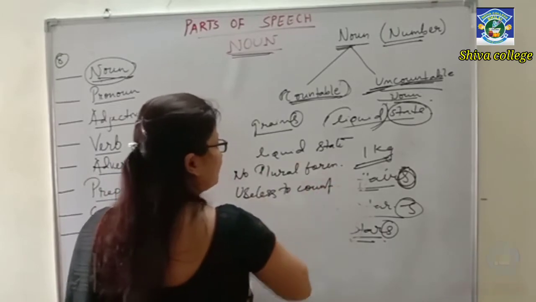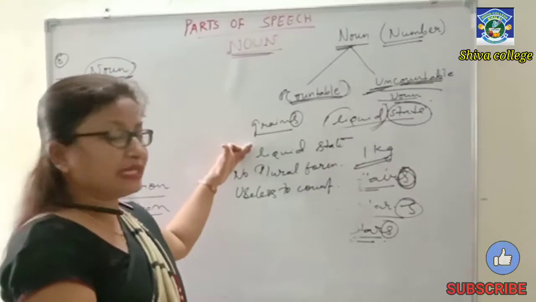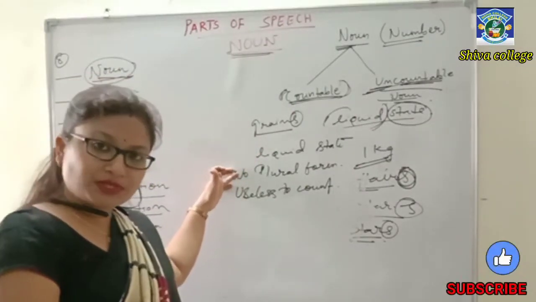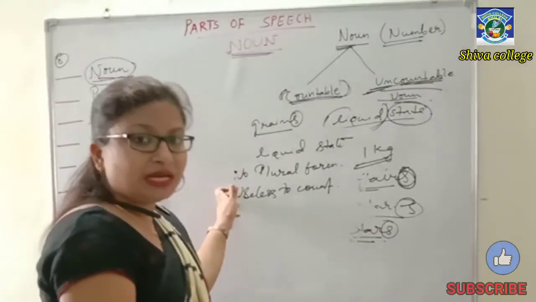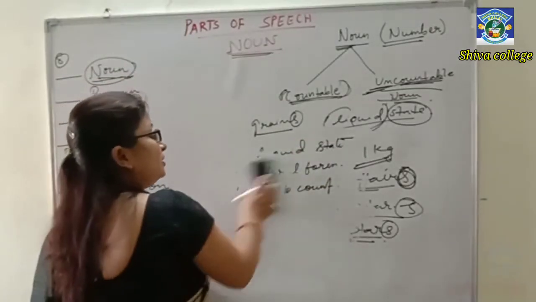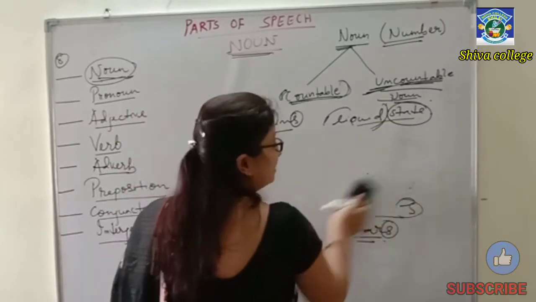So the things which are in liquid state come under uncountable noun. The things which have no plural form also come under uncountable noun. And the things which are useless to count also come under uncountable noun. So I hope you can recognize uncountable noun and countable noun now.